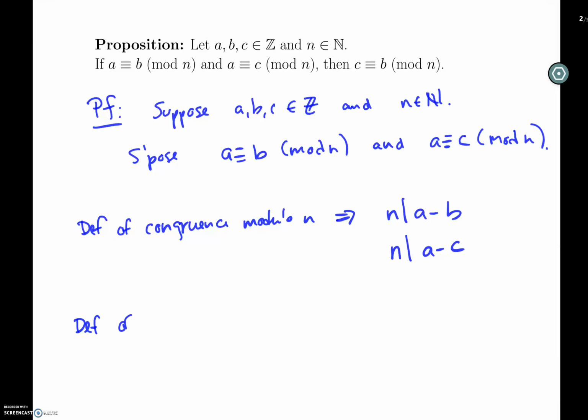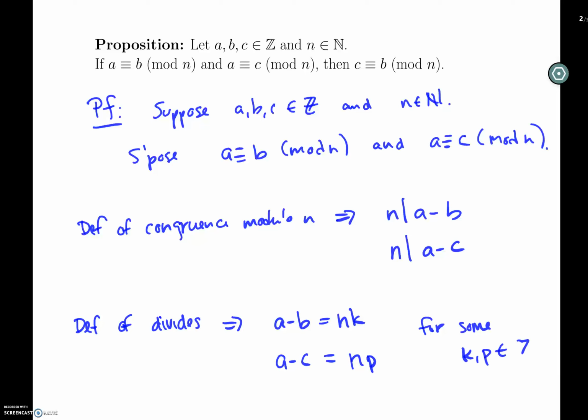The definition of divides then tells us that a minus b has to equal nk, and a minus c has to equal np for some k and p that are integers.